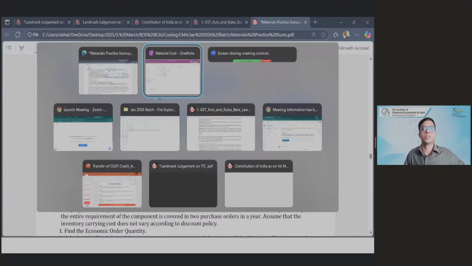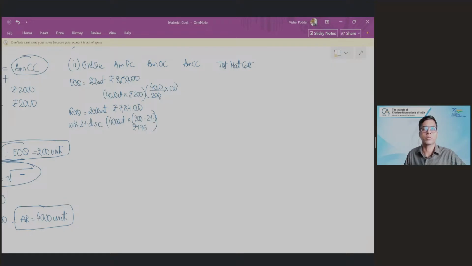Yes. Similarly, 4,000 upon order size into cost per order. Now, here I have to place only 2 orders. So here the ordering cost is 200. Correct? Here it will be rupees 2,000.